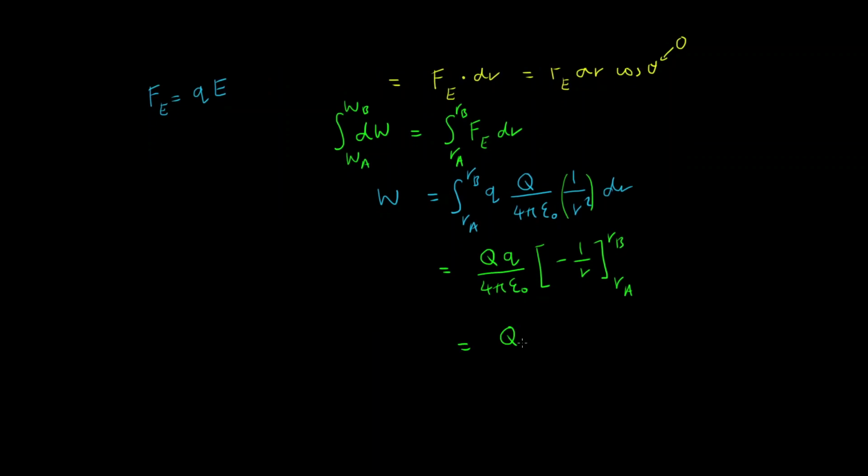And therefore what we get is Q by Q on 4 pi epsilon naught, and I'm going to put that negative sign outside, and what we get is 1 on Rb minus 1 on Ra. And this is the work done by the electric field on that charge as it goes from A to B.